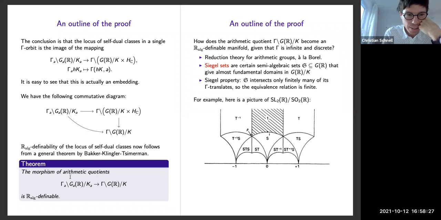So there's a small subtlety here, in that in the paper by Bakker, Klingler, Zimmerman, they said the following: whenever you have a map between two reductive groups, for example, this group G and the subgroup G_A, and you look at some small condition, then it induces a map between arithmetic quotients, and that map is definable.